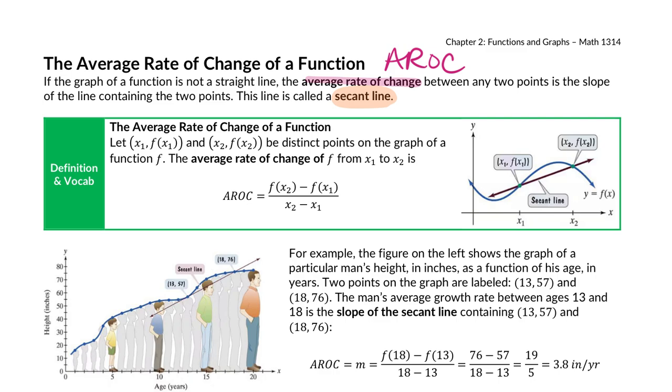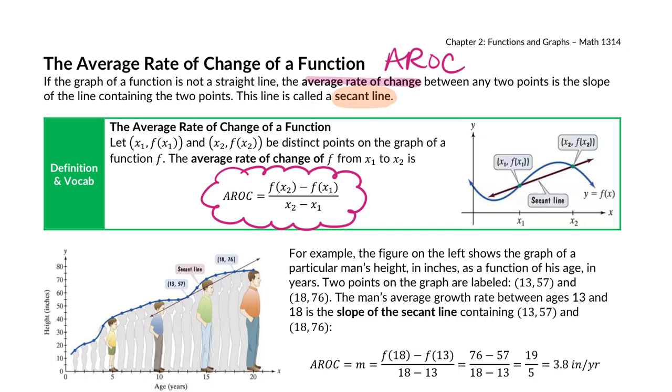And since a secant line is linear, we can find the slope, the rise over the run, of that secant line. Now, the average rate of change function is the slope function. It's just made fancy. The average rate of change from x1 to x2 on any curve, the slope of this secant line, is found with the formula f of x2 minus f of x1 over x2 minus x1.